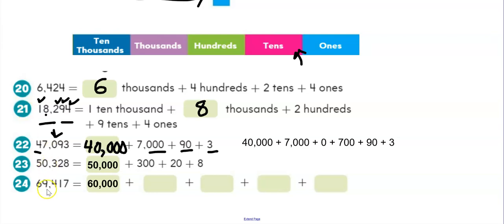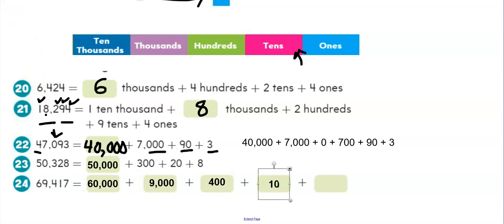Let's check in with the single thousands place. There's a 9 there. 9 times 1,000. What would that be? 9,000. I'm on to the hundreds place, and I've got 4 hundreds. 4 times 100 equals 400. The tens place has a 1 in it. 1 times 10 equals 10.